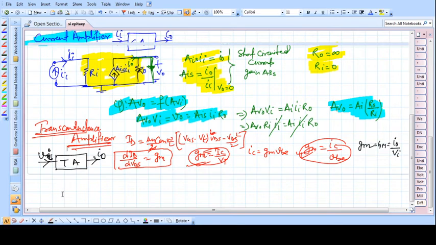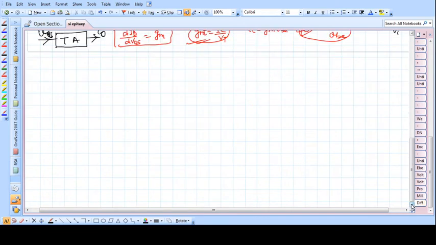Now I am making the equivalent circuit for this one.